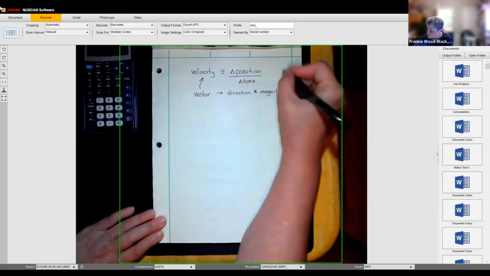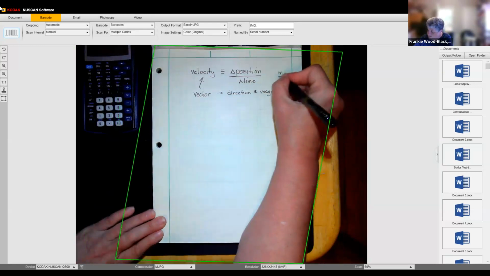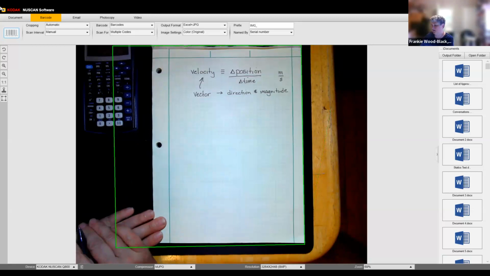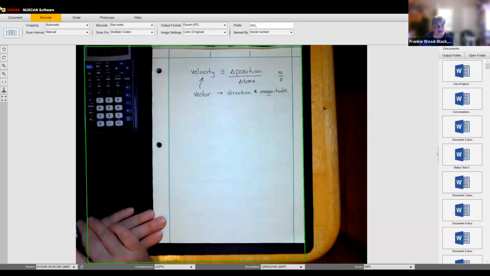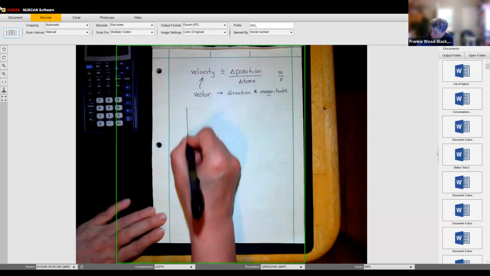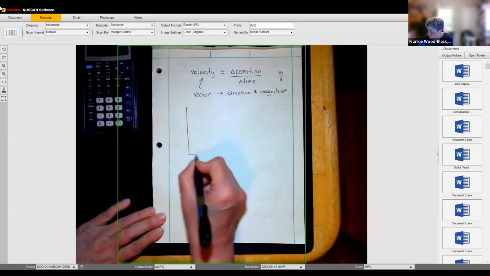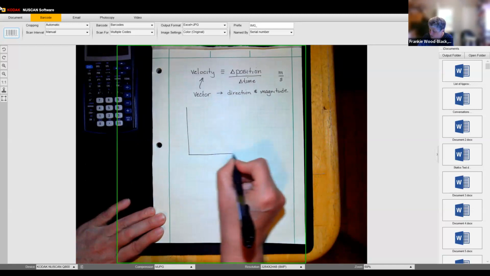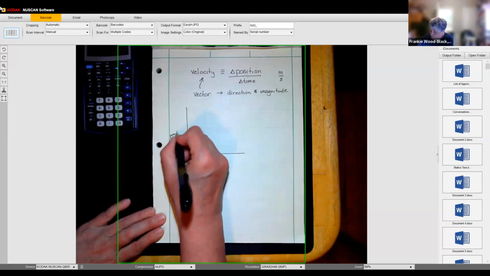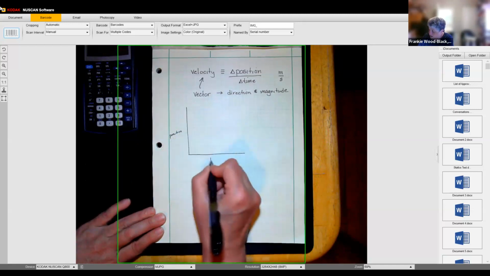It'll have units of meters per second. And we can look at it in a couple of different ways. One of the things that we can do is we can do a plot of position versus time.